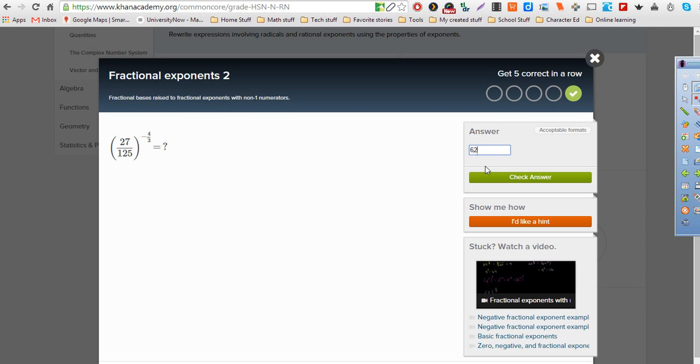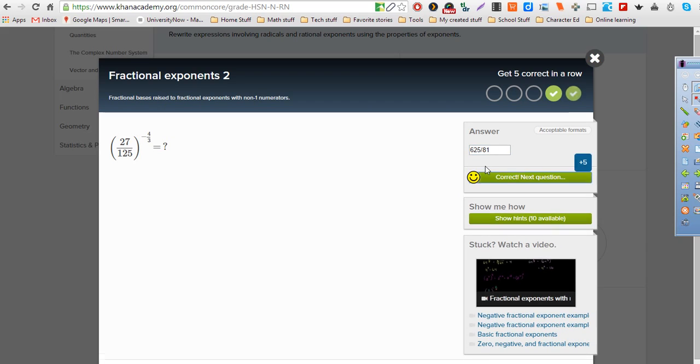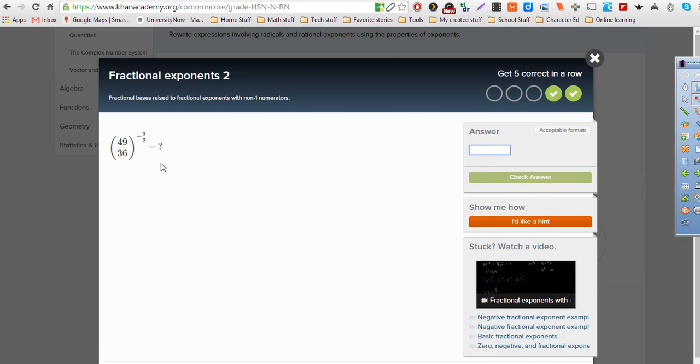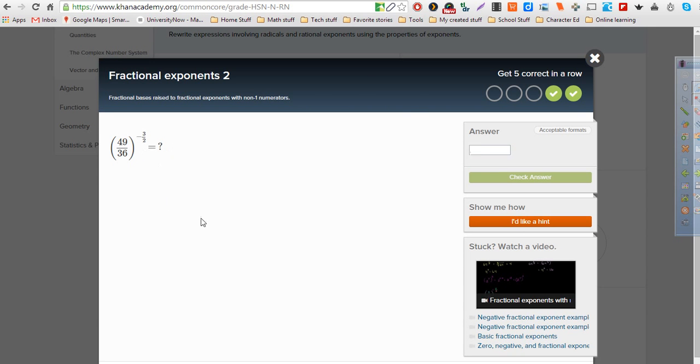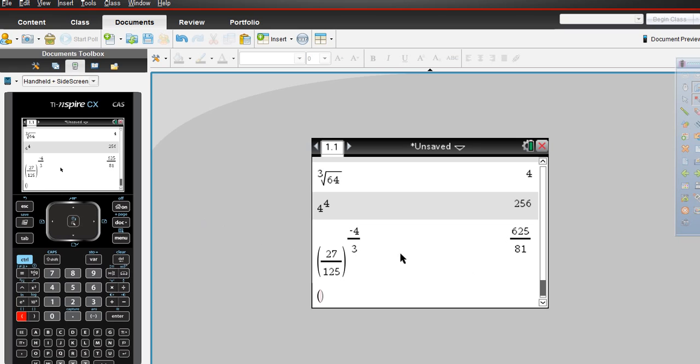So 625 over 81. If you're using your CAS system, you should fly through these, because I'm taking my time, I'm explaining them to you. And if not, if you want to do these by hand, you certainly can. But I really don't know when in your life you would ever really want to do these by hand. And guess what?